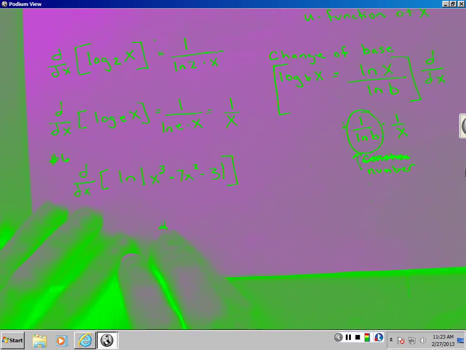So the derivative of the outside is 1 over the inside, times the derivative of the inside. The chain rule is in effect here. So I have 1 over x cubed minus 7x squared minus 3 times the derivative of the inside, which would be 3x squared minus 14x.